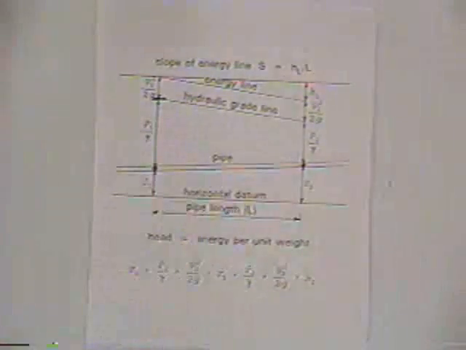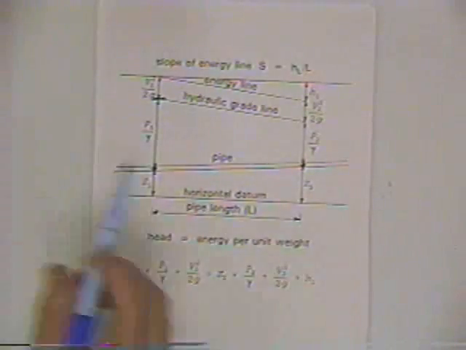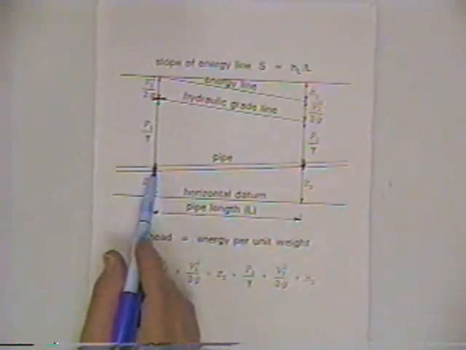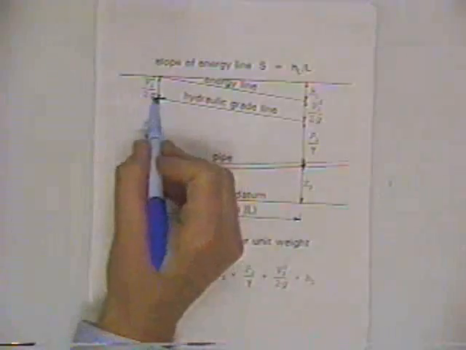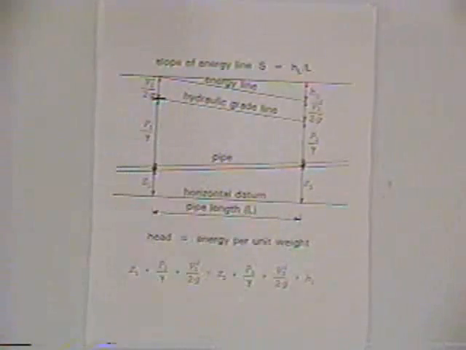That's how high water would rise in a tube that was inserted into the pipe. And that's why we call it a pressure conduit, because you don't have a free water surface at atmospheric pressure. You've got a confined flow situation where there's some pressure other than atmospheric pressure. So that by definition is the hydraulic grade.